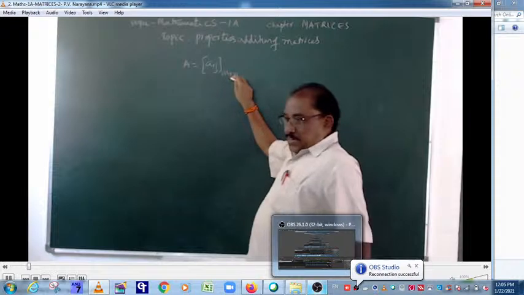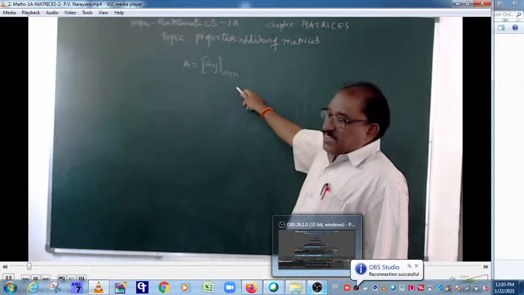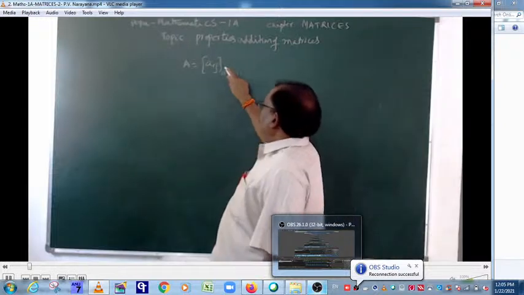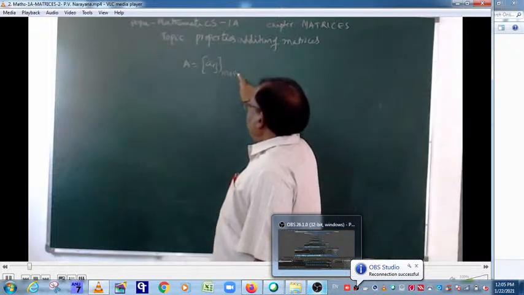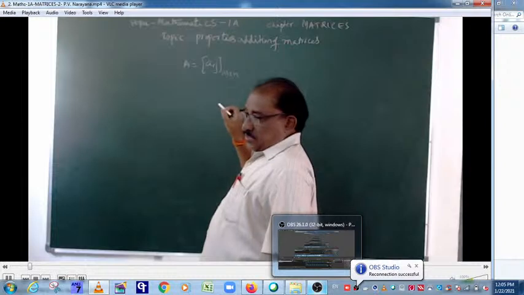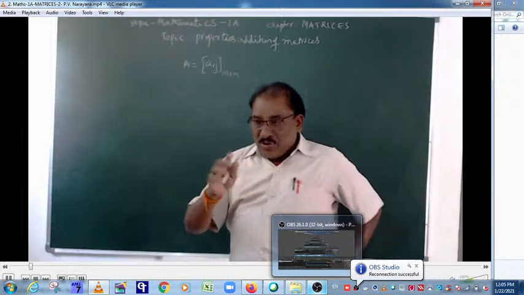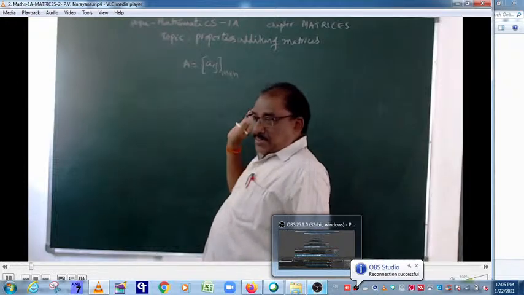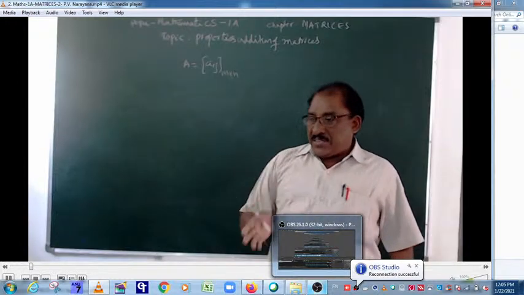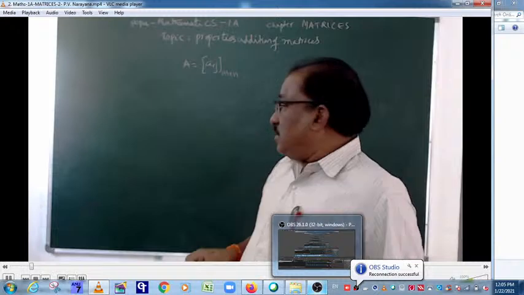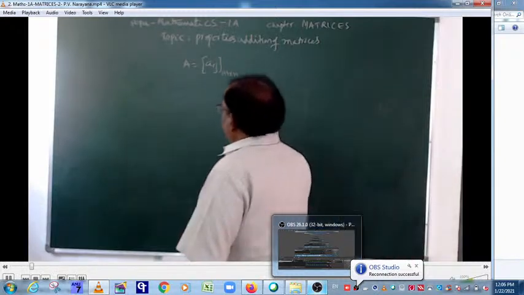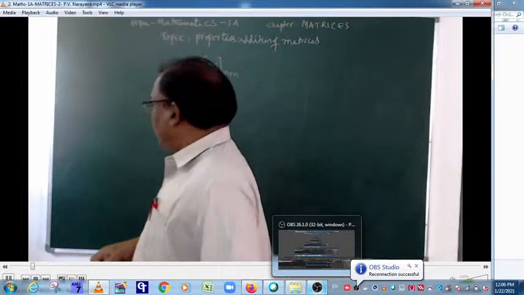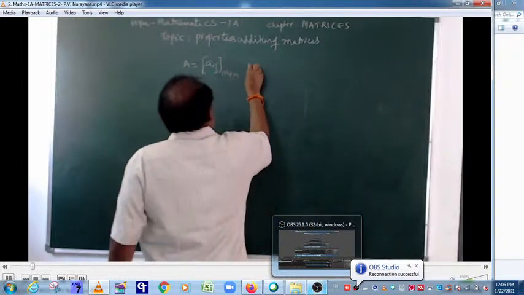Here m by n represents the order of the matrix, that means m rows and n columns. a_ij represents i running from 1 to m and j running from 1 to n. This represents the elements of the matrix. Take A and B, two matrices, and also C.